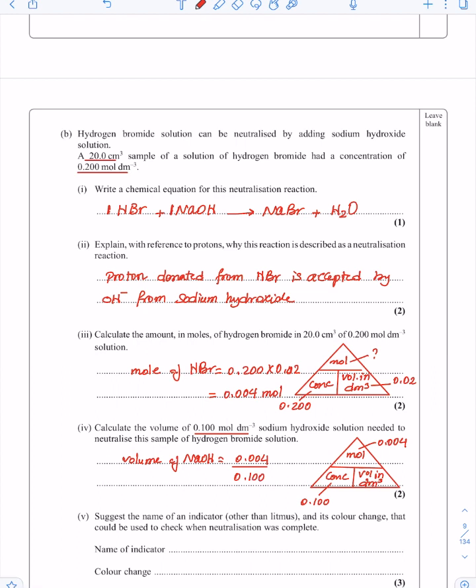The answer is 0.04 cubic decimeter, which is 40 cubic centimeter.